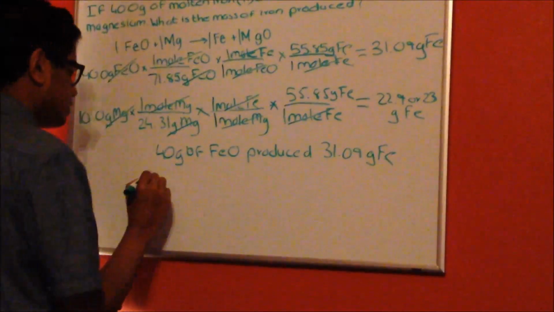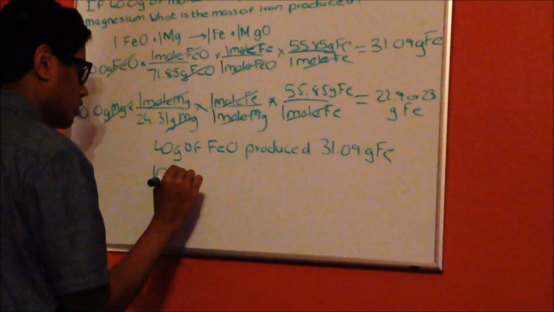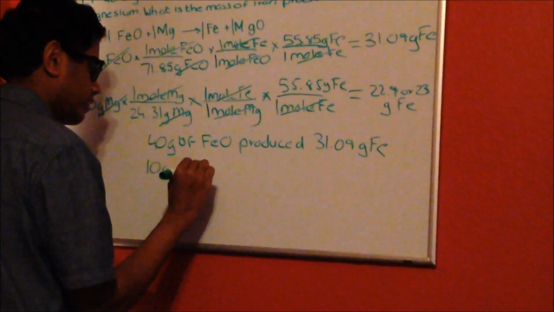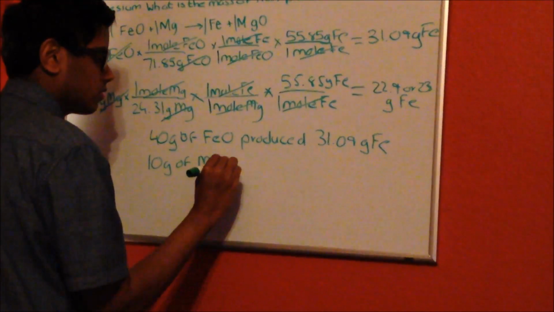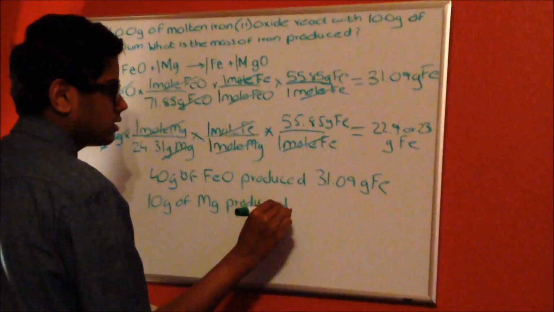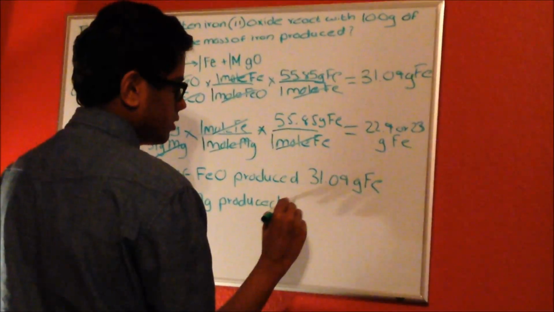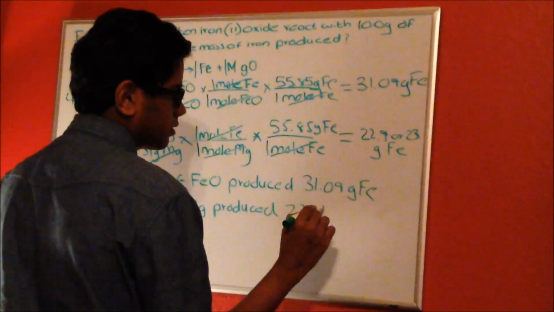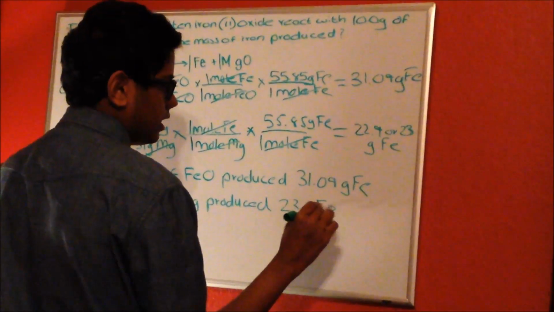Same with the magnesium: 10 grams of Mg produced 23 grams of Fe.